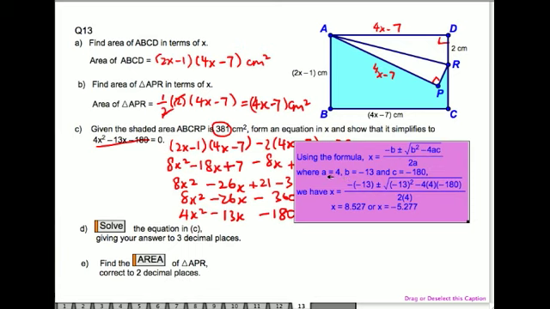Here a is 4, b is minus 13, and c is minus 180. Put it into the equation, and use your calculator, we get the values x is 8.527, and x is also minus 5.277.